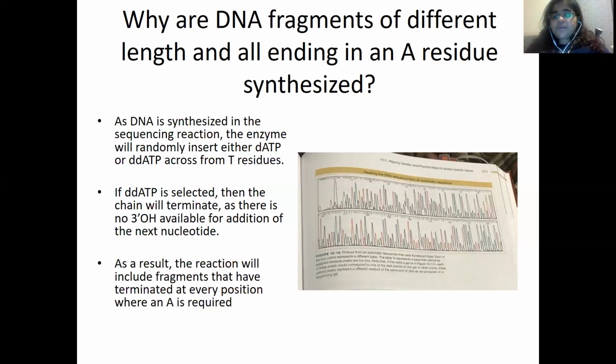So it's just a random incorporation between deoxy ATP and dideoxy ATP. It's only focused on ATP and whether it has a hydroxyl group or not. In this case, there are no other dideoxynucleotides going on. So that's how it ends up with the A at the very end of each fragment, okay?